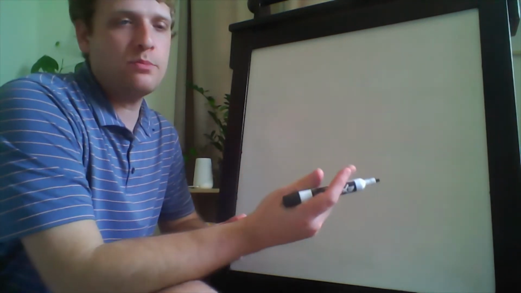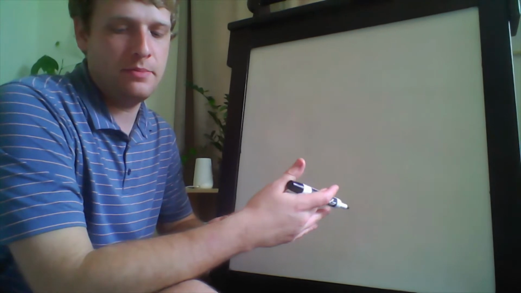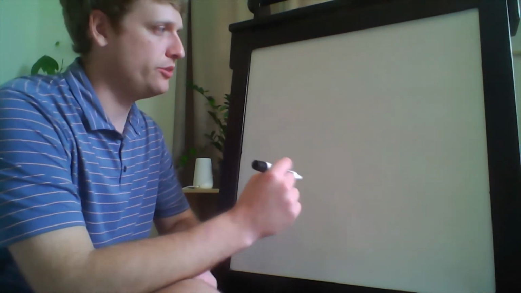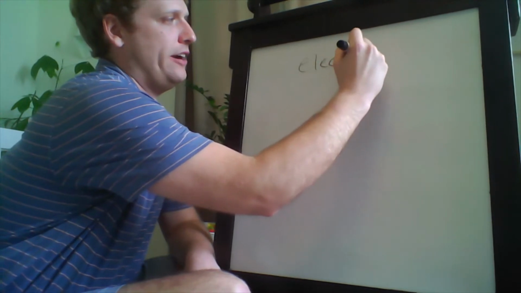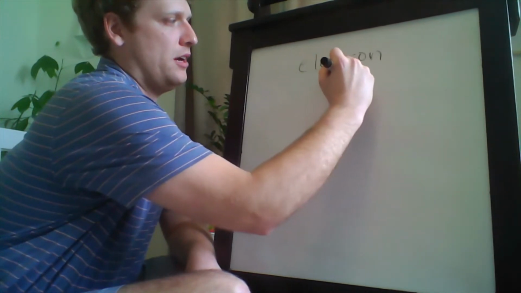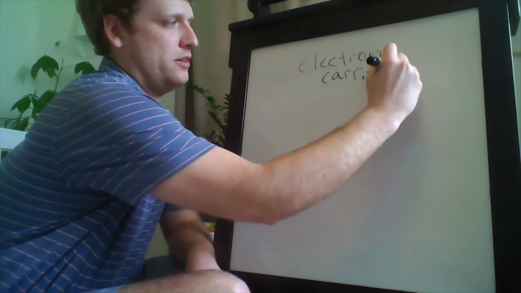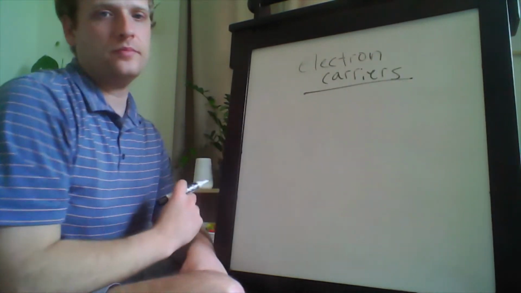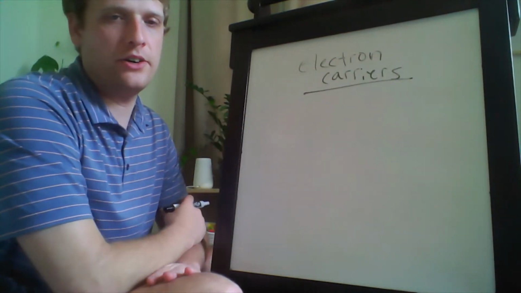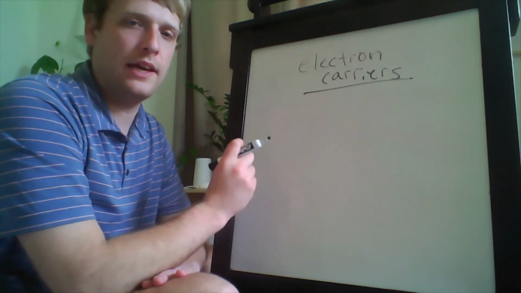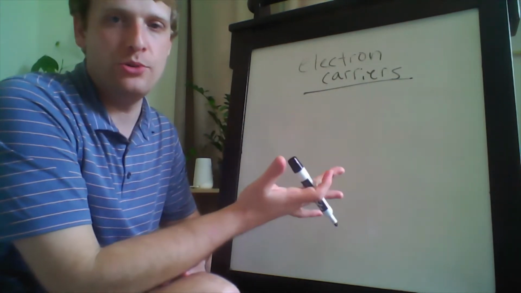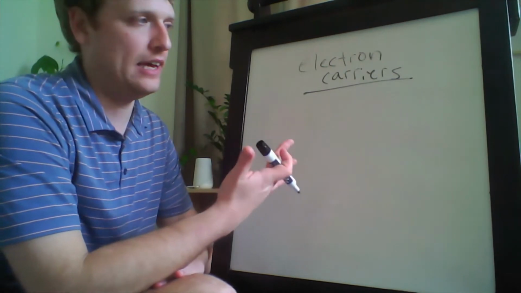So in this process of generating ATP, you have special molecules called electron carriers. These electron carriers have a high affinity for electrons, so they're going to be more likely to be reduced. They're going to be gaining electrons.